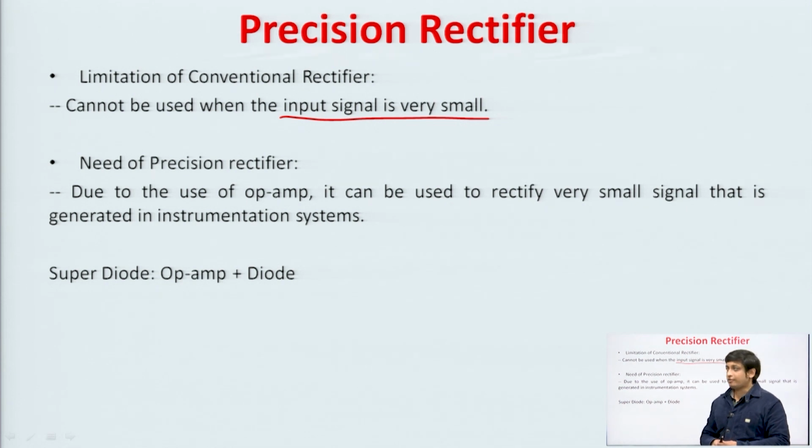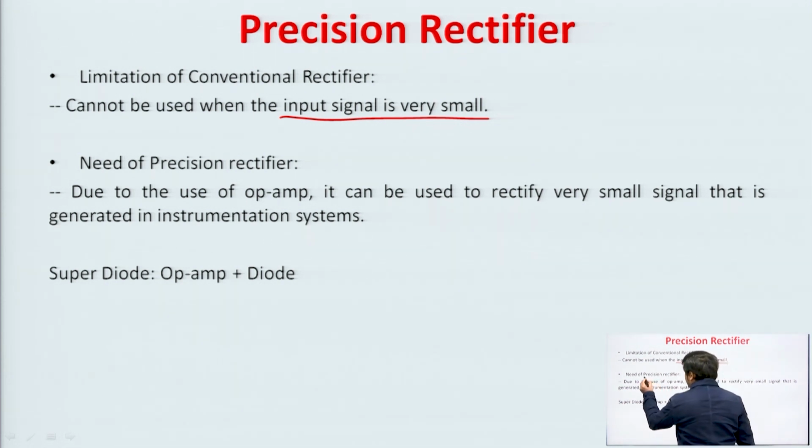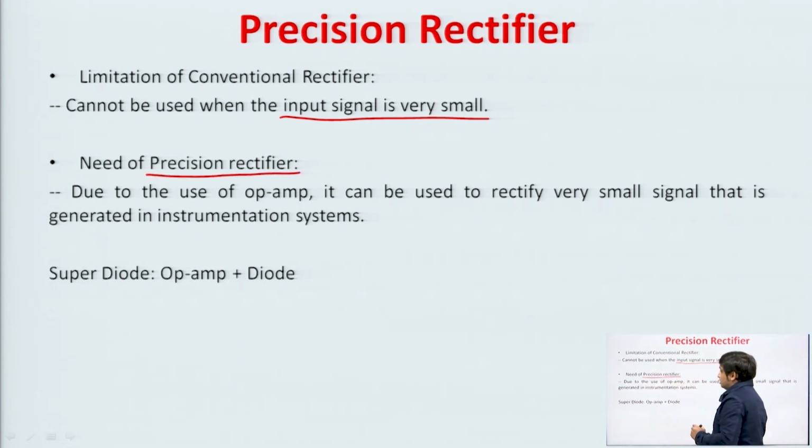That rectifier is the precision rectifier. This precision rectifier removes the drawback of the conventional rectifier and is used where the input signal magnitude is very small.